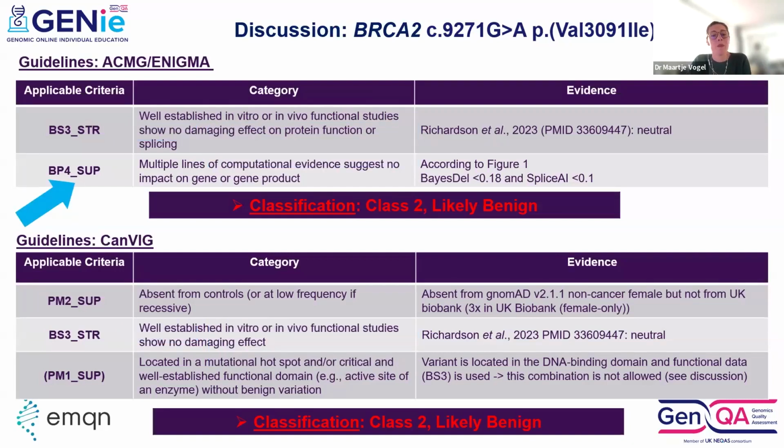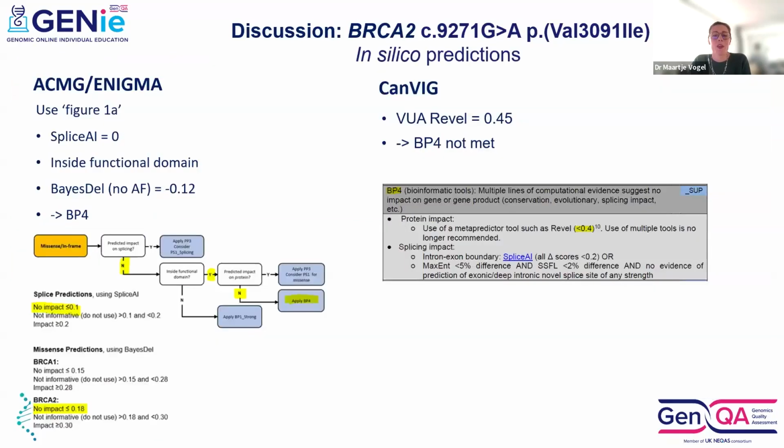Then there is the BP4 code, which you can use when you use the ENIGMA guideline. Next slide, please. So BP4 is one of the bioinformatics codes, and to find if you can use one of the bioinformatics codes, you have to follow the flowchart in figure 1a.